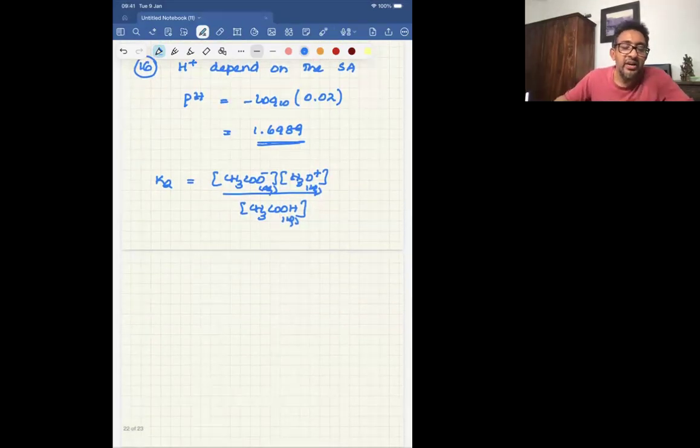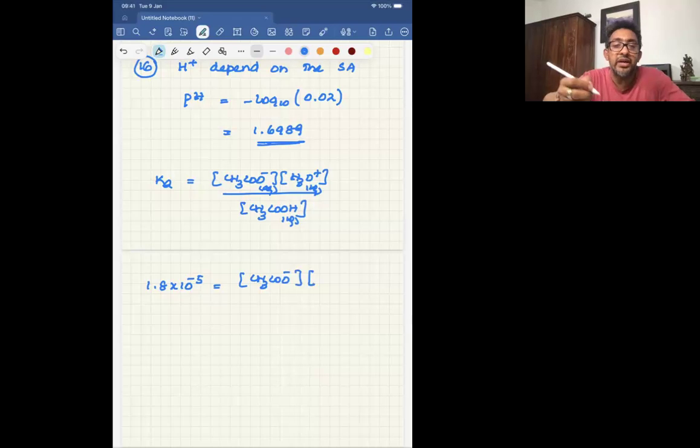What is K? K is 1.8 × 10^-5. Now, the amount dissociated we don't know. That is given by CH3COO minus. Hydronium ions are mainly depending on the strong acid. That is equal to 0.02.